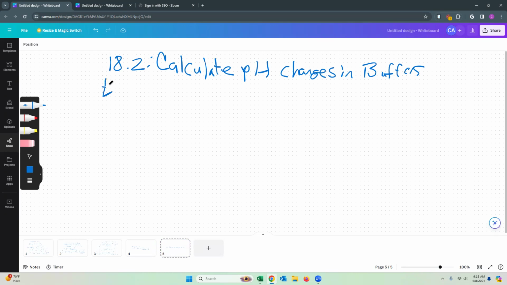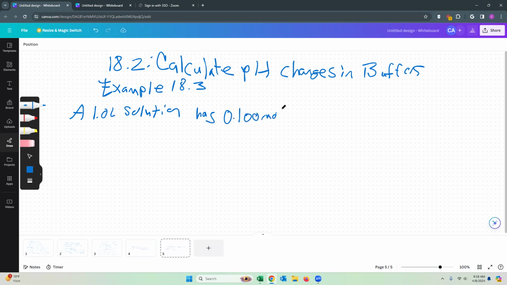So let's do example 18.3. This is a problem from your book. It says you have a 1 liter solution that has 0.100 moles HC2H3O2 and 0.100 moles NaC2H3O2.